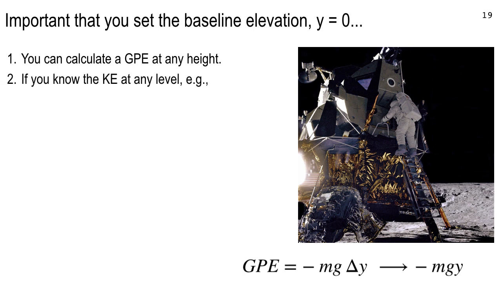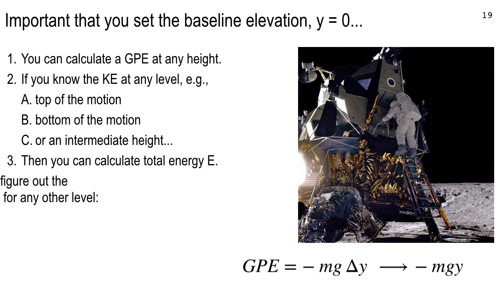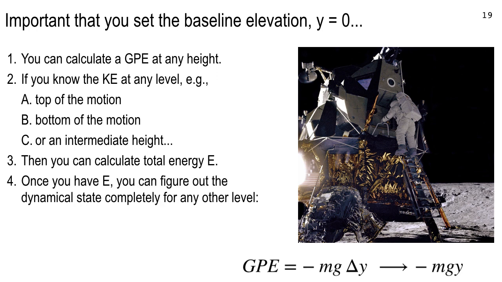So if you know the kinetic energy at any level, like we did, the top of the motion, the bottom of the motion, or any intermediate height, which we just did, 2.9 meters, then you can calculate total energy and then figure out every other thing about the dynamical state for any other level.